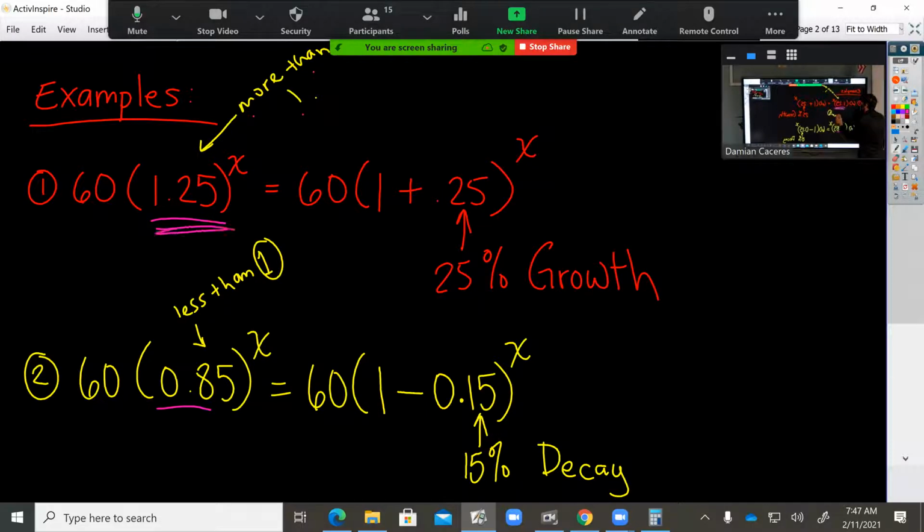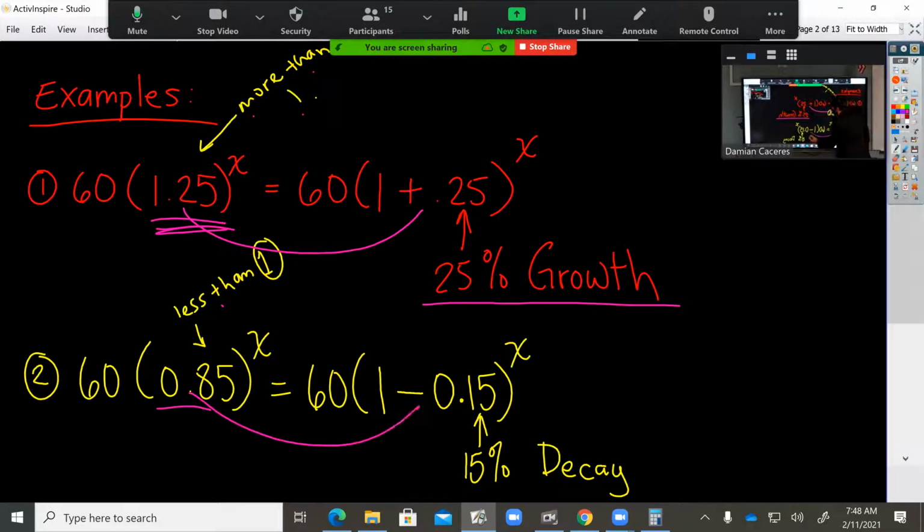So here's the example for growth. 1.25 is the growth factor. How do you get 1.25? By doing 1 plus 0.25. That 0.25 is your percent. So when it's bigger than 1, you're looking at your percent in decimal form. Now on the yellow question here, same thing. It's 0.85, which is less than 1.